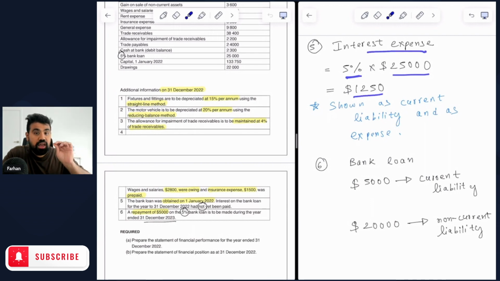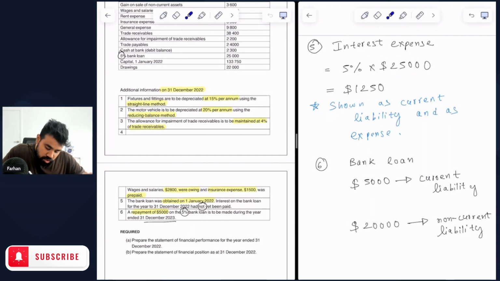Now, the question clearly mentions that the interest has not yet been paid, which means this interest is owing by Young. This interest is a liability. This interest is known as an accrued interest expense or interest expense owed.